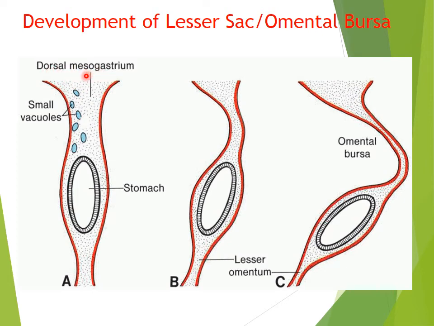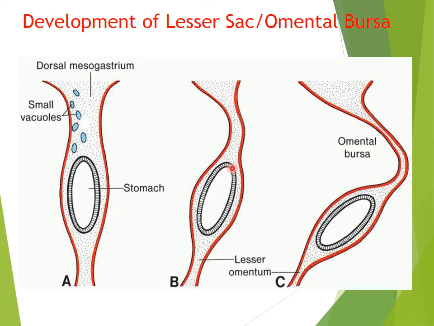So when there is a rotation, number 1 is the development of the cavity. These small vacuoles are developing and making a cavity, and also the rotation is going to pull the dorsal mesogastrium along with it. So this is the dorsal surface. I have told you that this dorsal surface is the one growing faster and becoming the greater curvature.